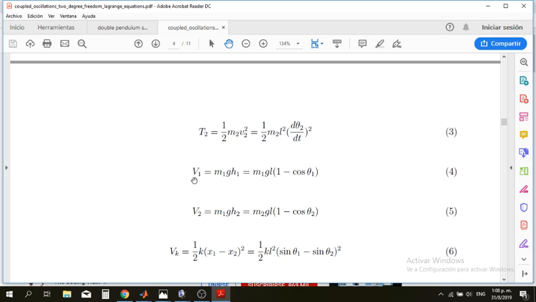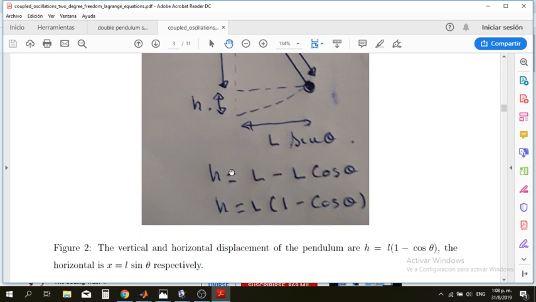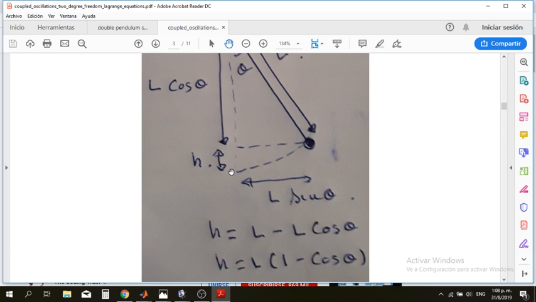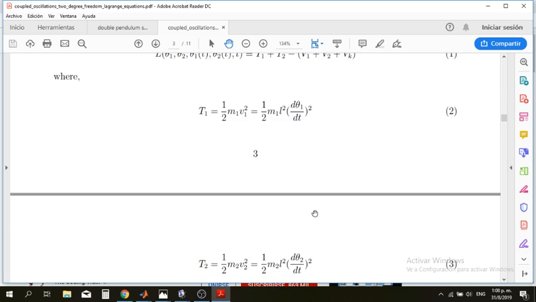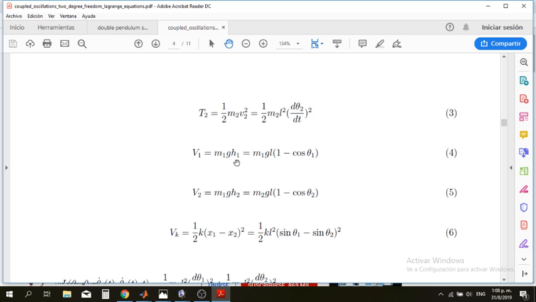The potential energy of the first mass will be M1 times g, the acceleration of gravity, times h1. Using the expression from before, V1 will be M1 times g times L times 1 minus cosine of theta 1.